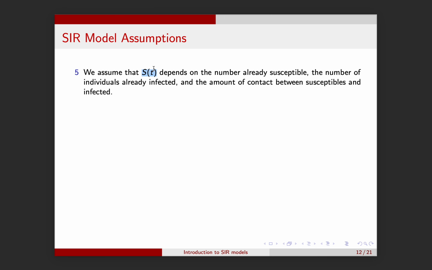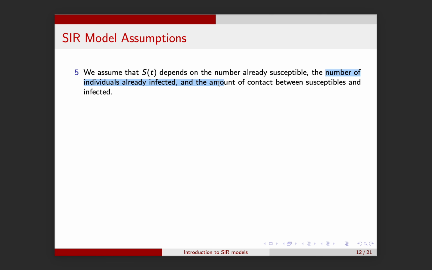What determines that change? If there's a ton of contact between sick people and non-sick people, that's going to drive a lot of change from the 20th to the 21st day. If there's barely any contact, there's going to be no change. If there are lots of susceptibles in the population, you might expect S to change a lot from one day to the next. But if there aren't many susceptible people, you might expect very little change because there are hardly any susceptibles left.